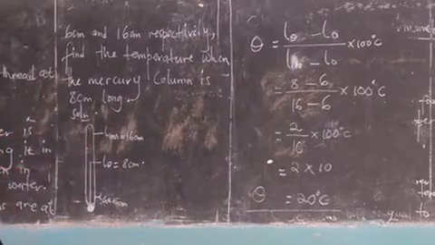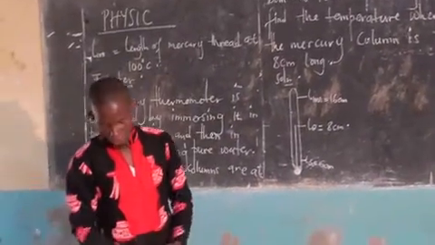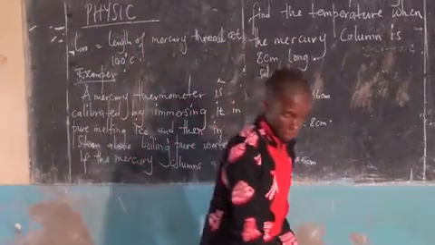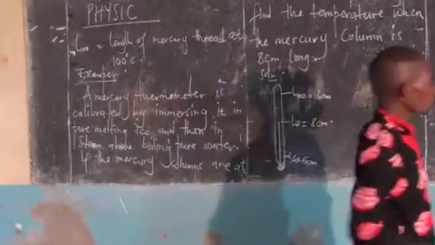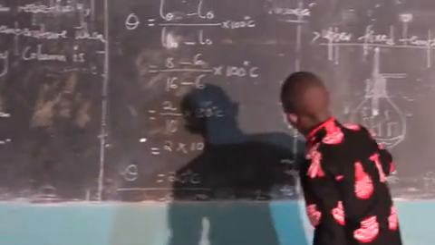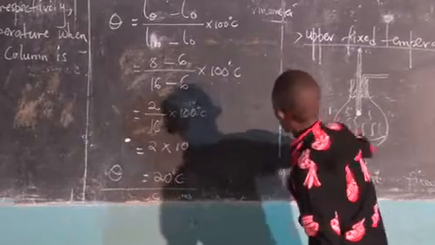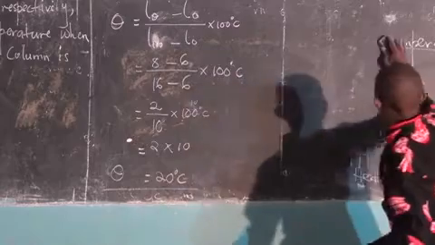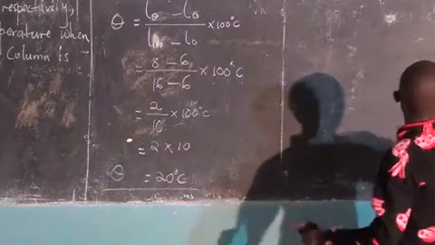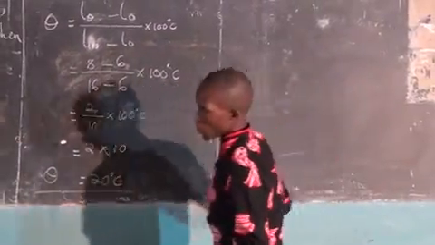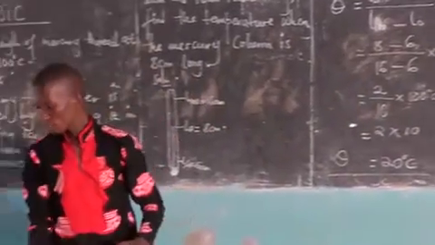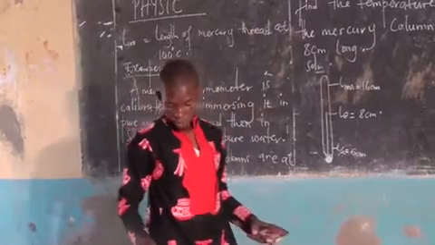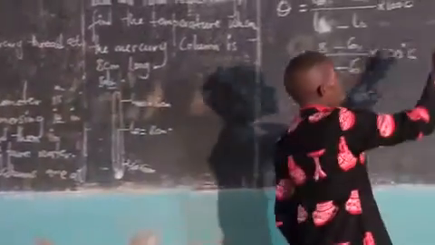So, lastly, we talk about the relationship between the Celsius and Kelvin scales. This one is going to be the last one on this. And I give you the active dot integration. I know that it's going to be suitable for you.